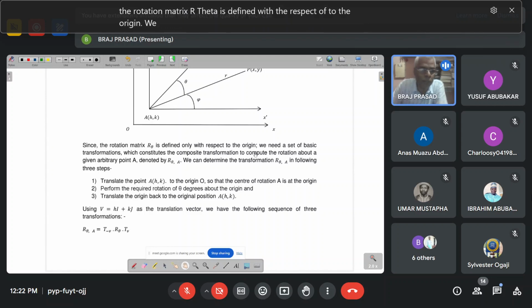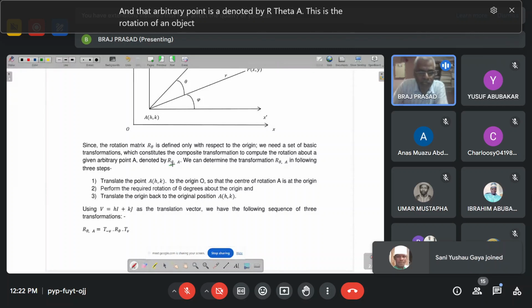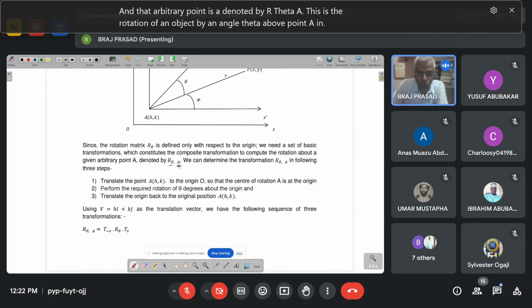We need to set a basic transformation which constitutes the composite transformation to compute the rotation about a given arbitrary point, and that arbitrary point is A, denoted by R theta A. This is the rotation of an object by an angle theta about point A in anti-clockwise.